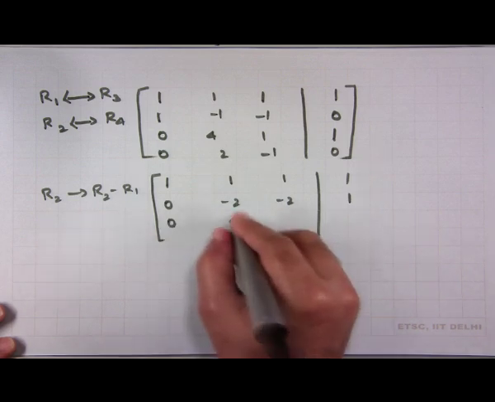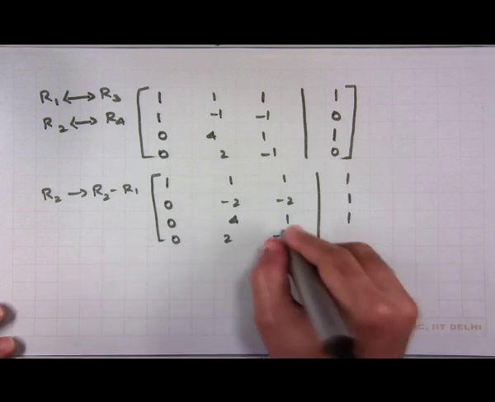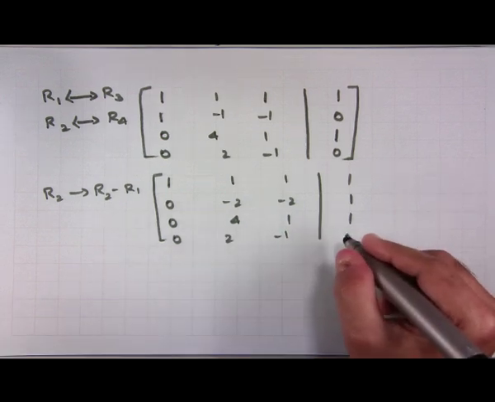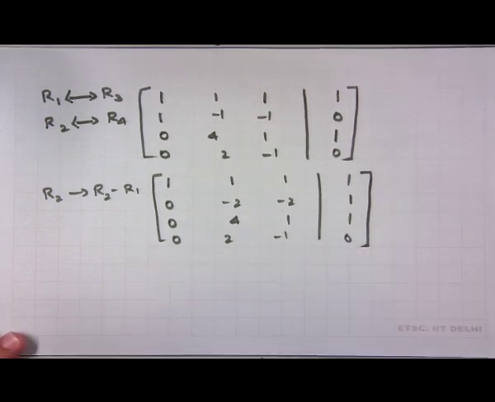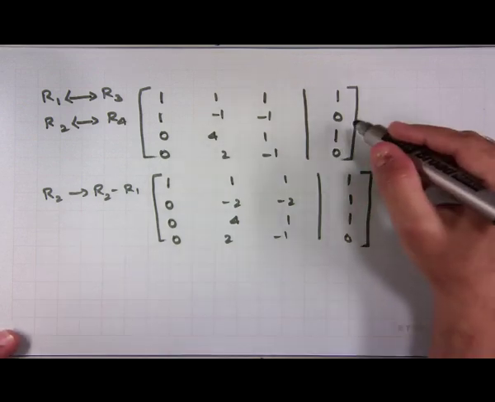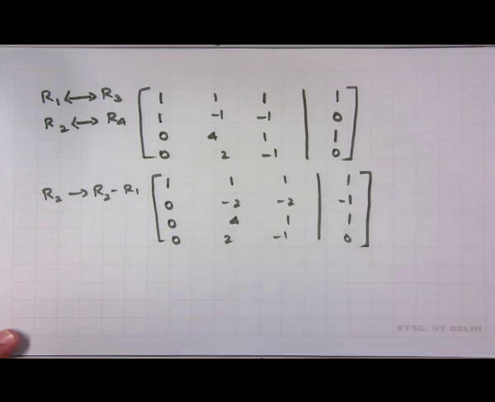Third and fourth row remain as they are. R2 minus 0 minus 1, you have minus 1 over here.